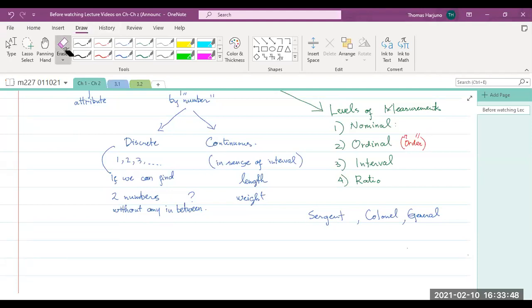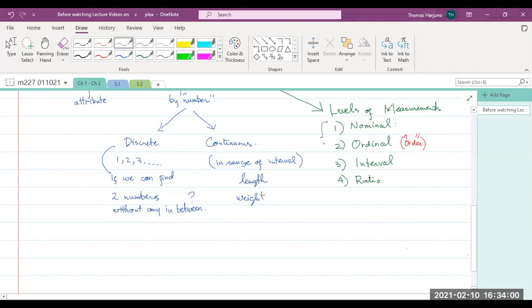Now, interval, as far as I know, is almost always numerical. So you may have qualitative here, but the one here is always quantitative.